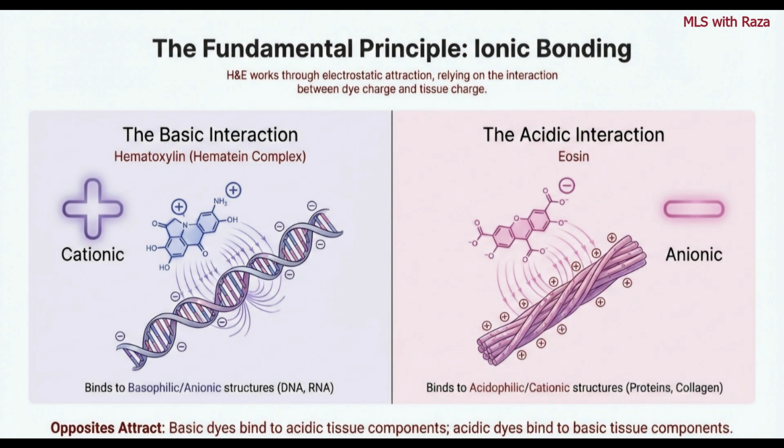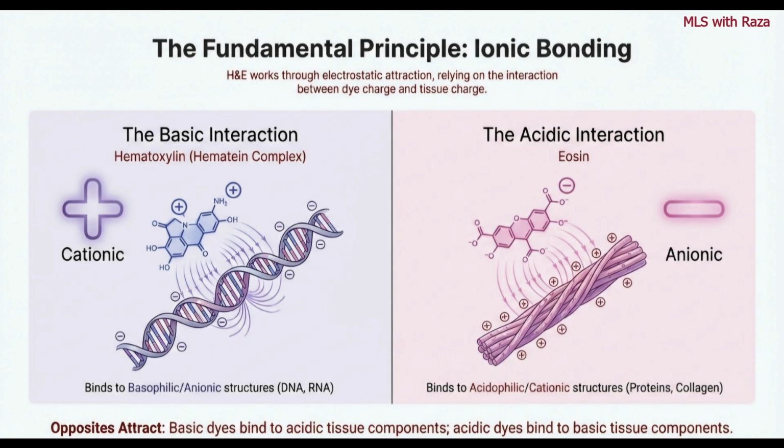Okay, so how does it all actually work? That brings us to this really elegant interaction between the dyes and the tissue. You can think of it as a kind of ionic dance, all governed by the simple laws of electrostatic attraction. It really all boils down to one simple principle: opposites attract. The hematoxylin complex is what we call cationic, meaning it carries a positive charge.